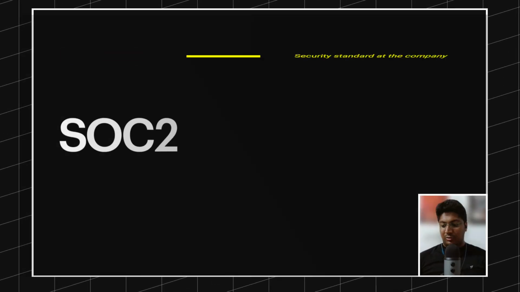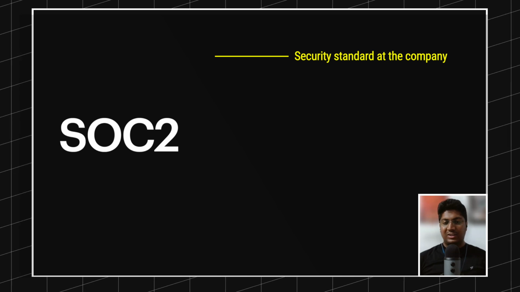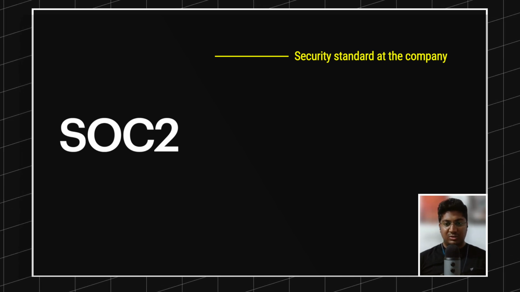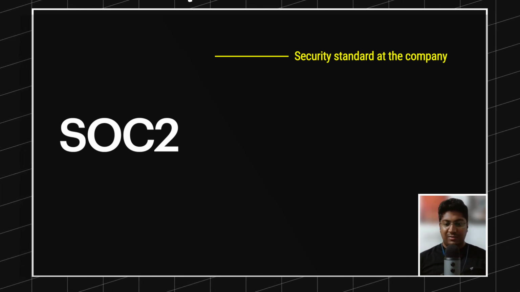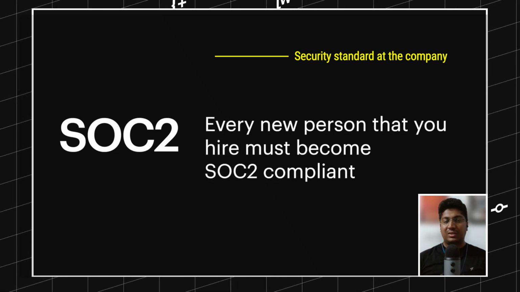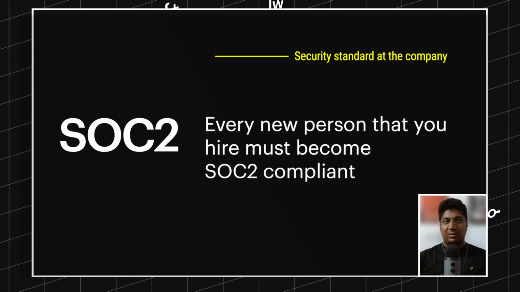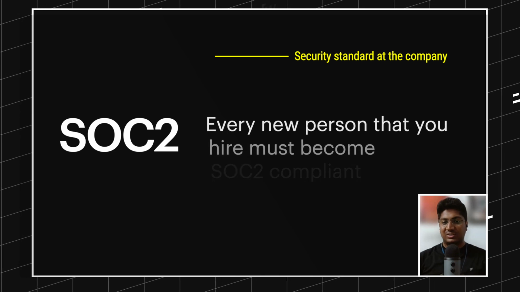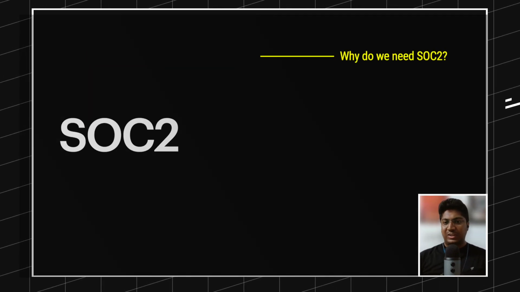So depending on your company's target market, you would get one or the other or both. SOC 2 is the security standard at the company. It's not project specific. So every new person that you hire must become SOC 2 compliant before they are given access to production systems. Why do we need SOC 2?